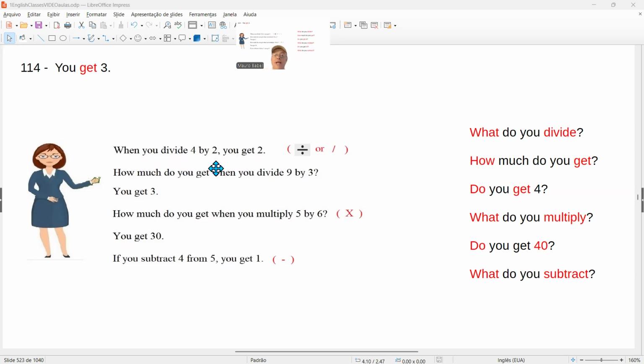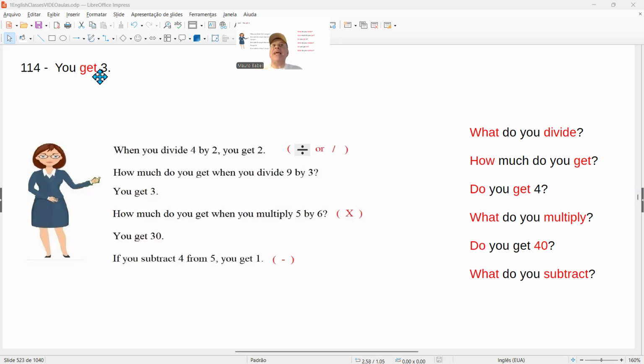When we divide 4 by 2, we get 2, right? When we divide 6 by 2, what do we get? We get 3. 6 by 2 is 3, right?